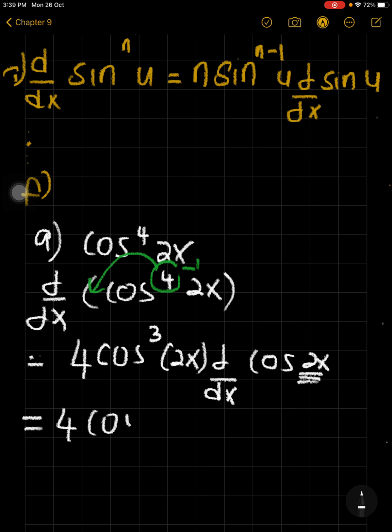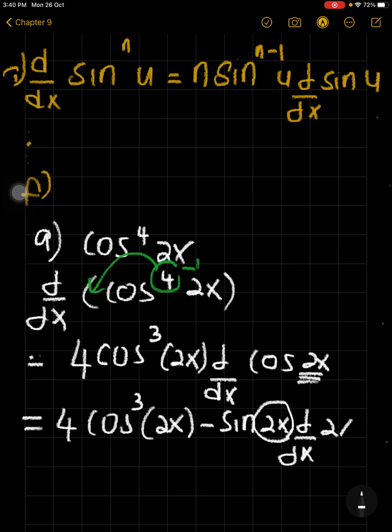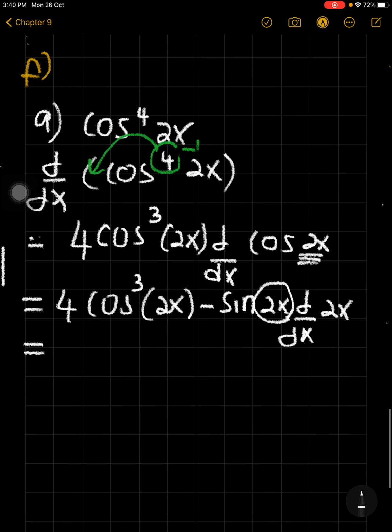So you akan dapat 4 cos 3 2x. Okay, differentiate cos x, you got negative sin 2x, right? And then this one you have to differentiate, so d dx 2x. Kena differentiate everything yang ada x tu. Actually that got 1, tapi kita tak tulis, that's why kita termiss.